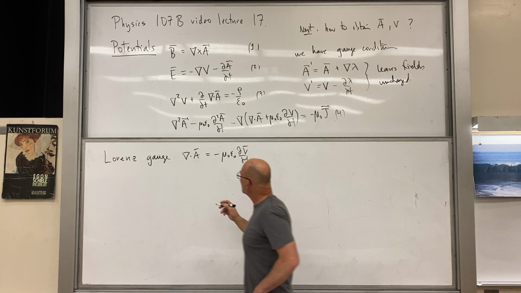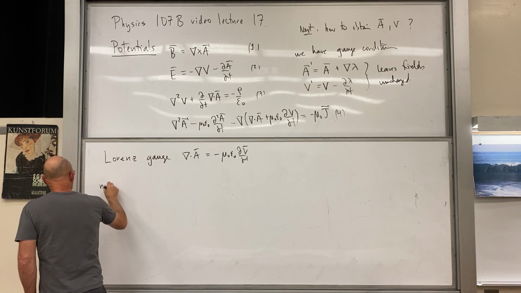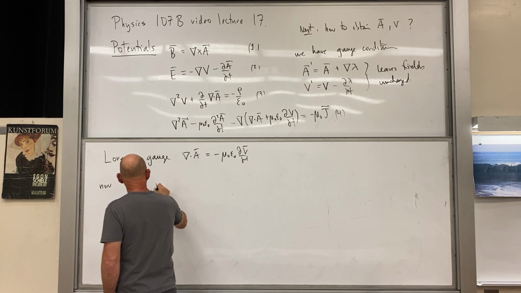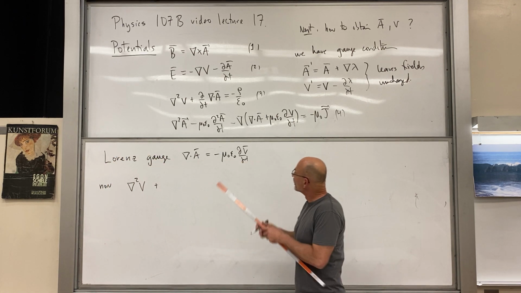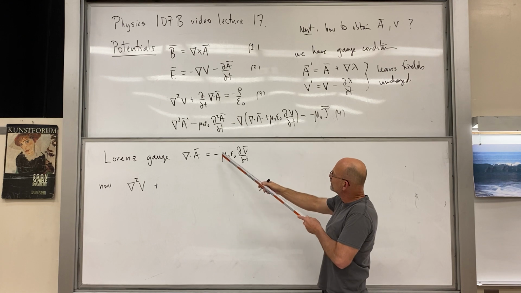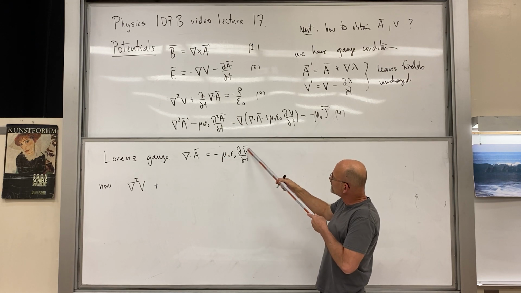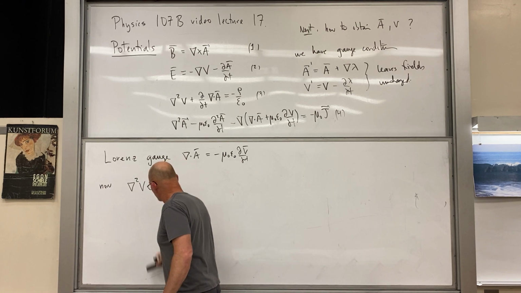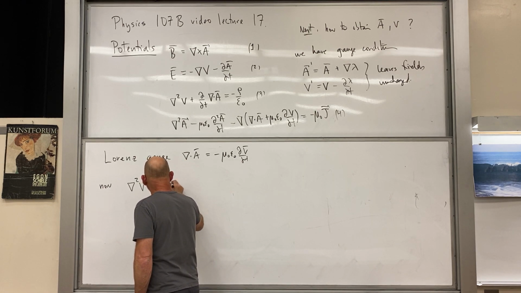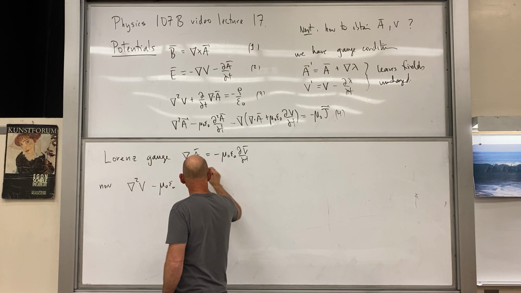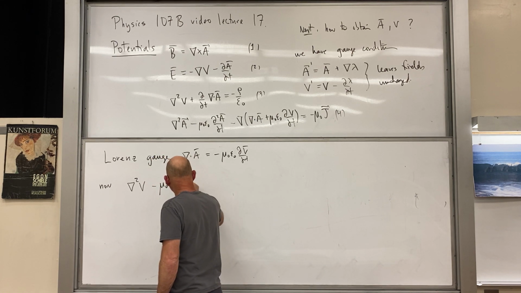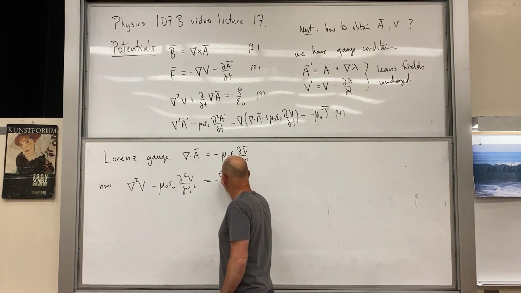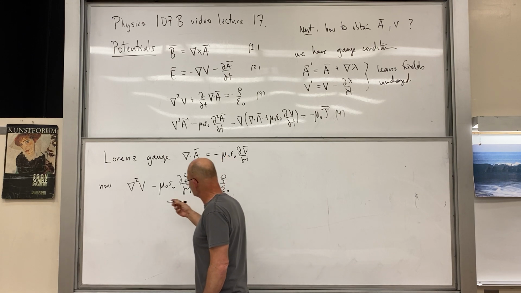So from equation 3, we have del squared V plus time derivative of divergence A. But the divergence A is this expression here, so the time derivative gives us a second derivative. You can see I can call this a minus mu naught epsilon naught d squared V/dt squared, and whatever I had on the right, minus rho over epsilon naught.